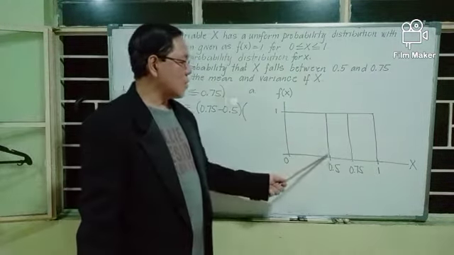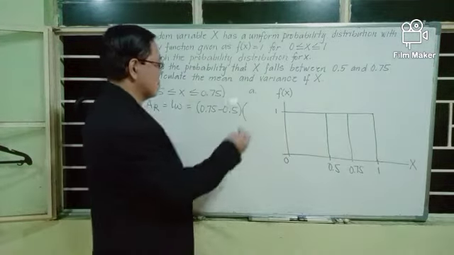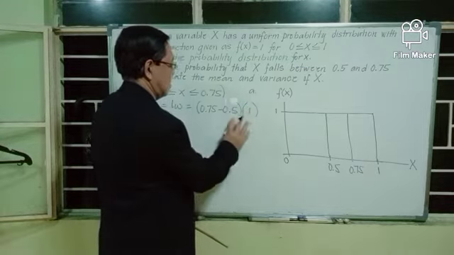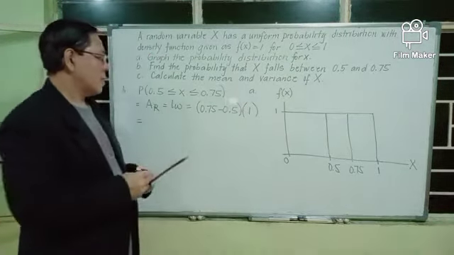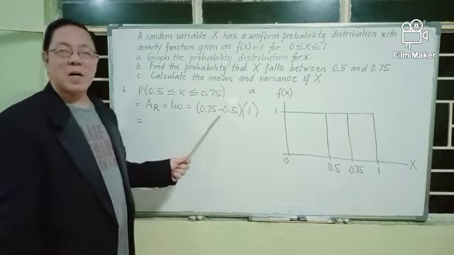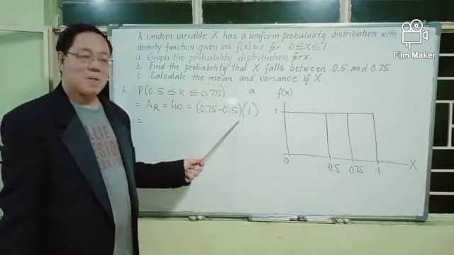The width is equal to the height of this rectangle, which is equal to 1 unit. And we get 0.75 minus 0.5 is equal to 0.25.